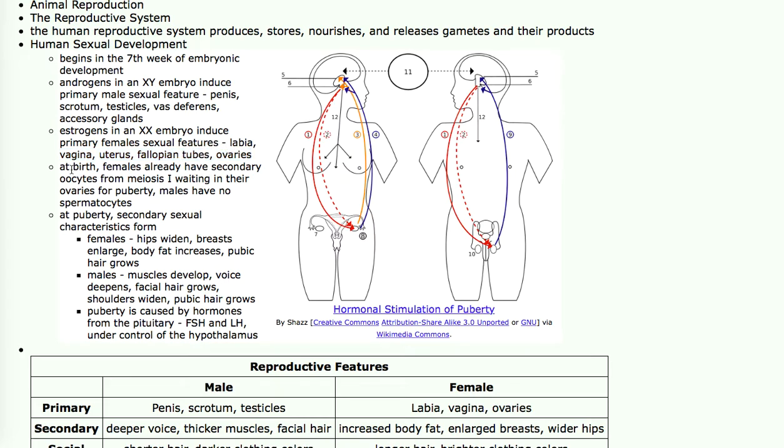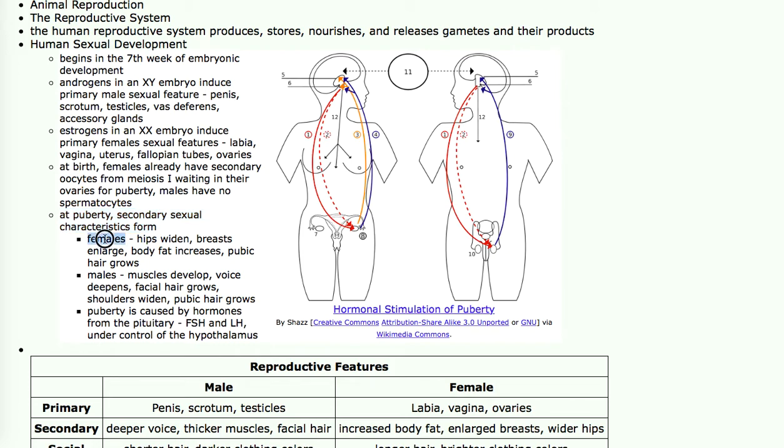At birth, females already have secondary oocytes from meiosis 1 waiting in their ovaries for puberty, while males in their testicles have no such spermatocytes. I mentioned that before, that was a difference. At puberty, secondary sexual characteristics form.